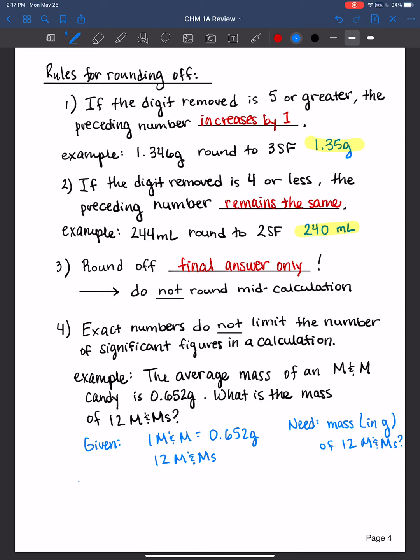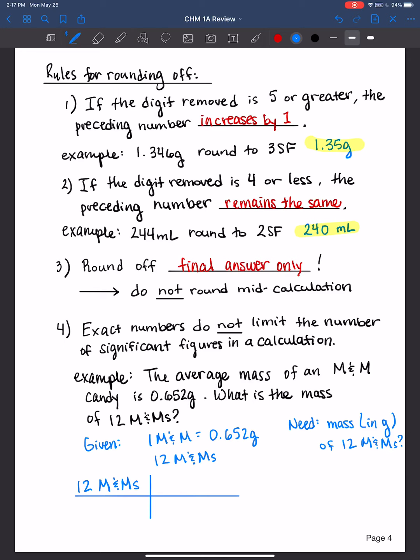So we'll start off our dimensional analysis. I always start off dimensional analysis with the given information that is a single unit, so just 12 M&Ms rather than 1 M&M is equal to 0.652 grams. That's 2 different units. Okay.